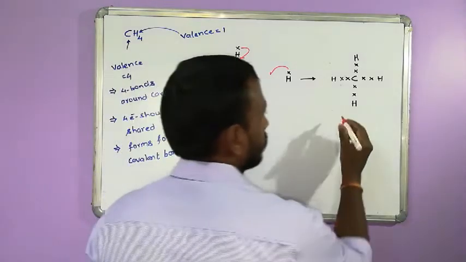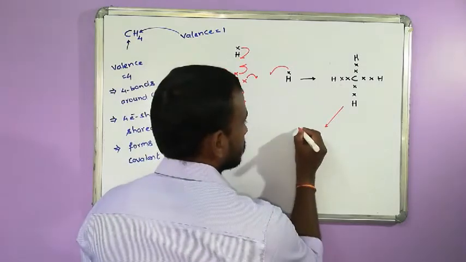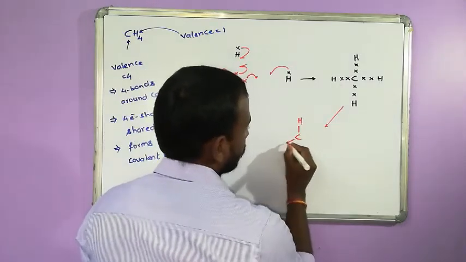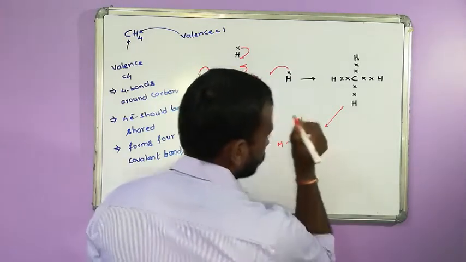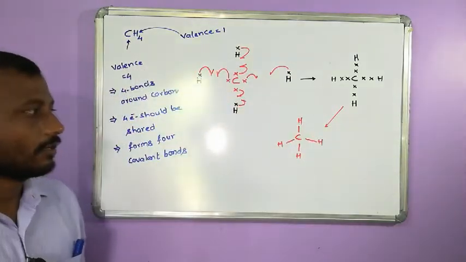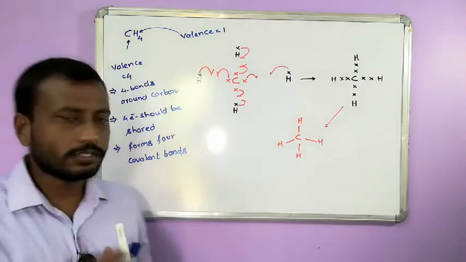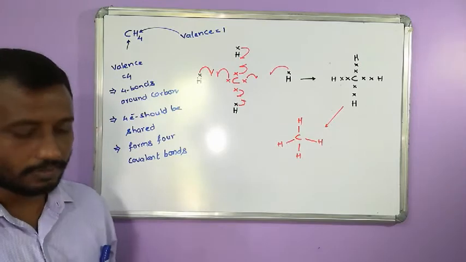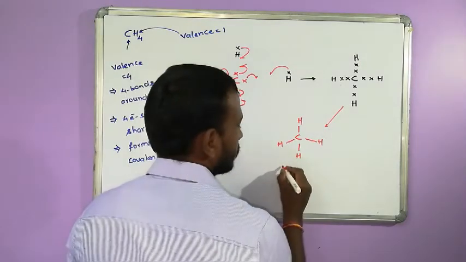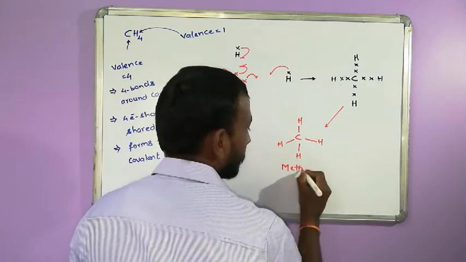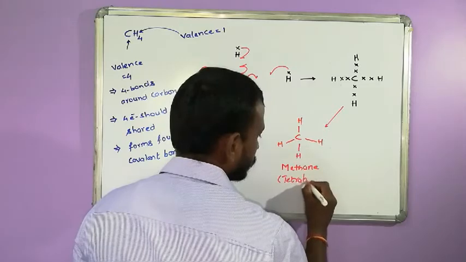So, how would it be? It would be like C, H, H, H, H. I wrote a specific pattern of bonds around the carbon. The specific pattern is tetrahedron. This is methane, tetrahedral structure.